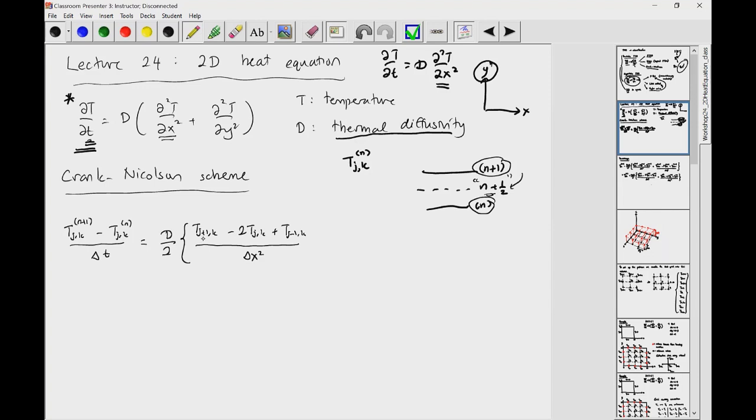You can see that here only the j is changed because the derivative is taken with respect to x. We have said that j represents x and k represents y. When you take a derivative with respect to x, you're taking it at a constant y, which is why the index k does not change. This will be the one evaluated at n plus 1. And because we're taking the average, you will still have a similar expression, but this time this entire thing is evaluated at time level n.